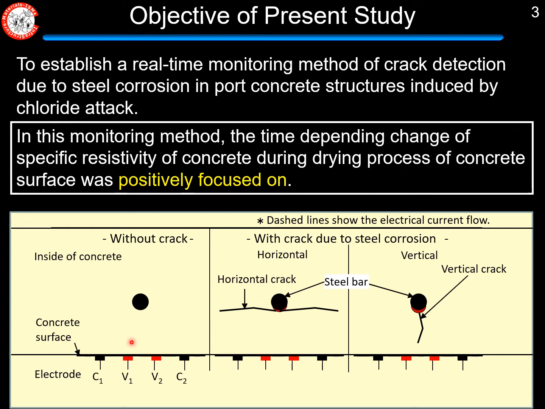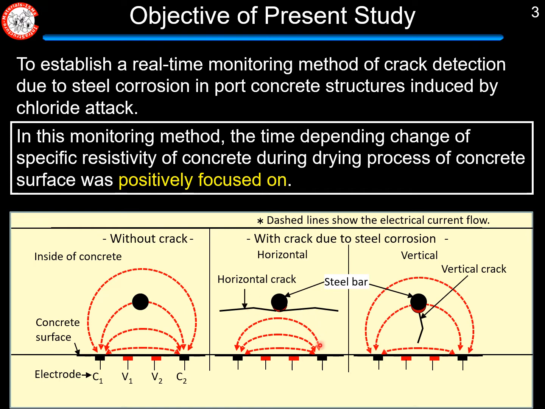After applying the electric current, in the case of no crack, the electric current flows like this. On the other hand, in the cracked case, for example a horizontal crack, the electric current flows like this, concentrating on the surface area. On the other hand, with a vertical crack, the electric current flows like this.